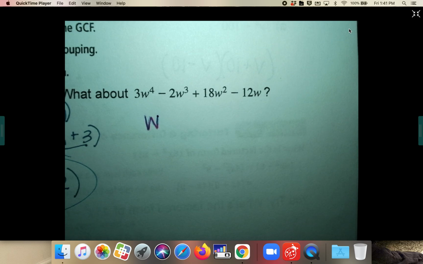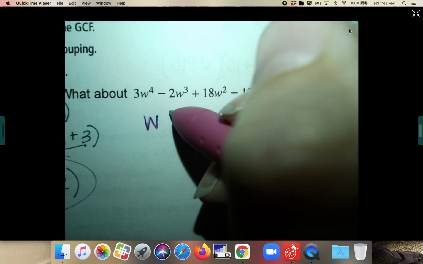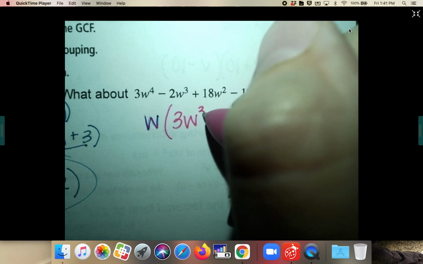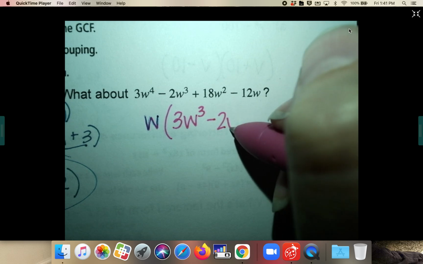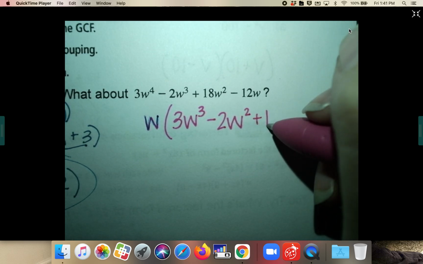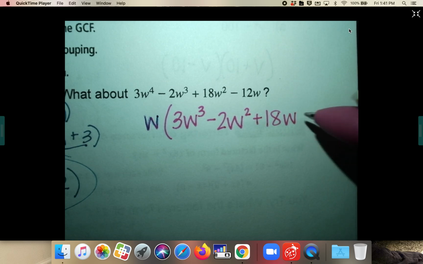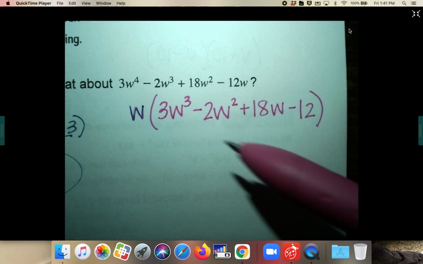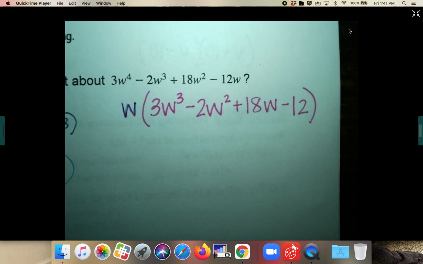Okay, so we can factor out a W, and let's see. That would leave us with 3W cubed minus 2W squared plus 18W minus 12, and that's all without a W. Okay, so all I could factor out was 1W.